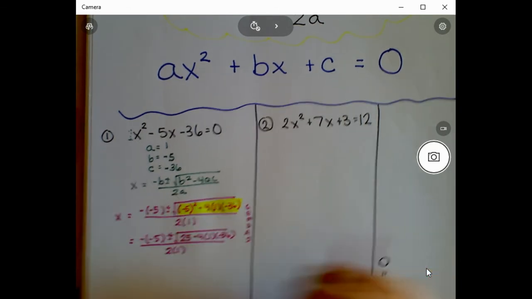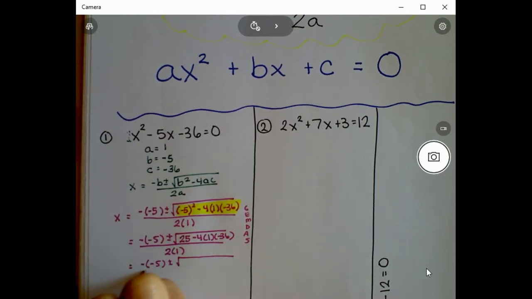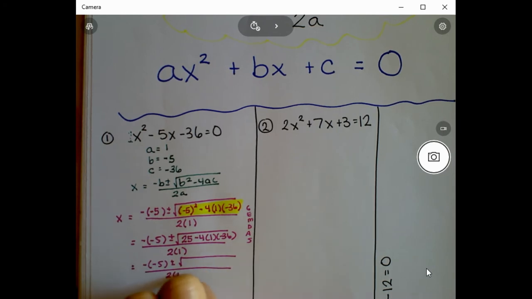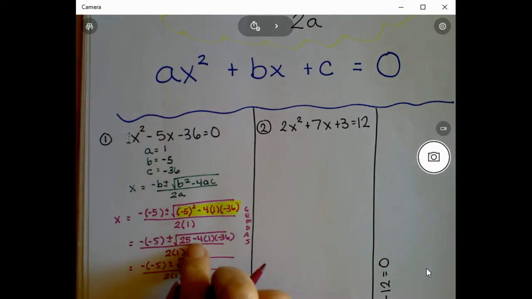All right, we still have some work to do inside those parentheses, or inside the radical. So the 25 is done, but now we're going to move on to multiply or divide. I'm going to multiply the whole thing across.